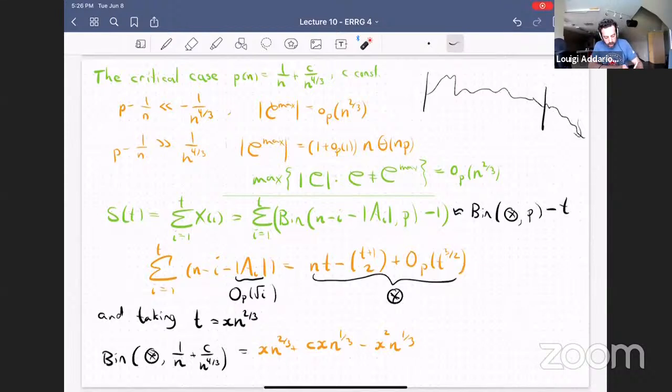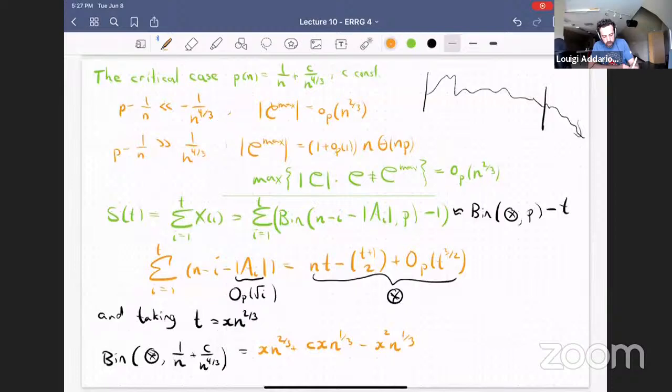And then we have fluctuations. So what are the fluctuations of a binomial, right? Fluctuations of binomial NP are of order square root of NP(1 minus P), because the variance is NP(1 minus P).